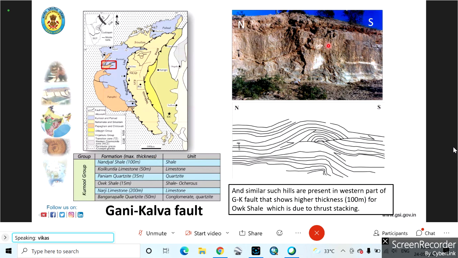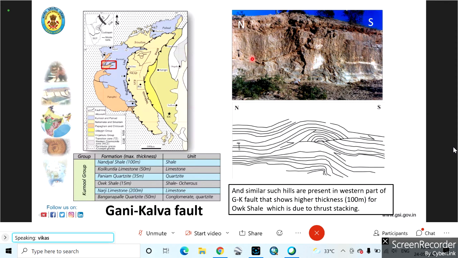This is along a fault called the Gani Kalwa fault, a very famous fault. People must have gone there also, because earlier when the OCG goes, the PGRS at Hyderabad module, they used to take the trainees there also. So along this fault, you can notice that they are very thick. I've shown you just a single section of that.